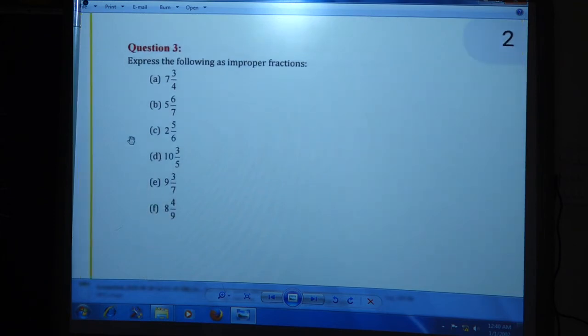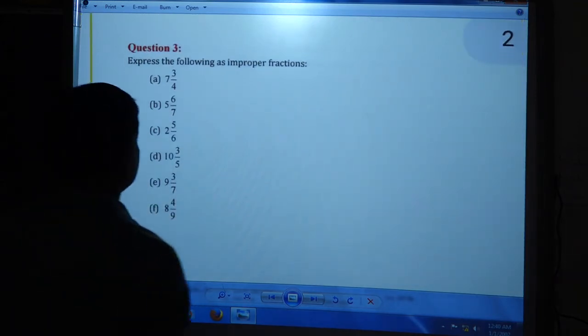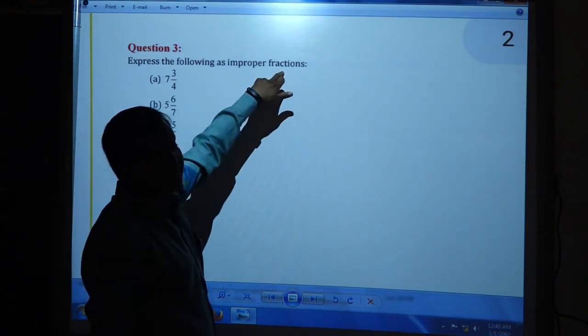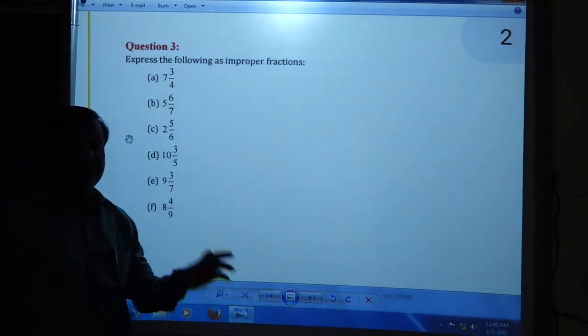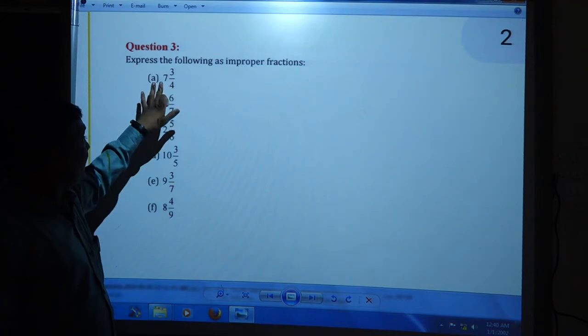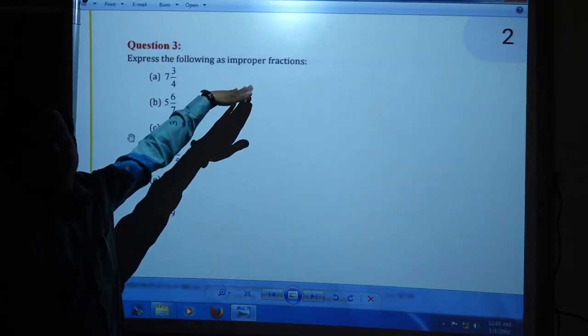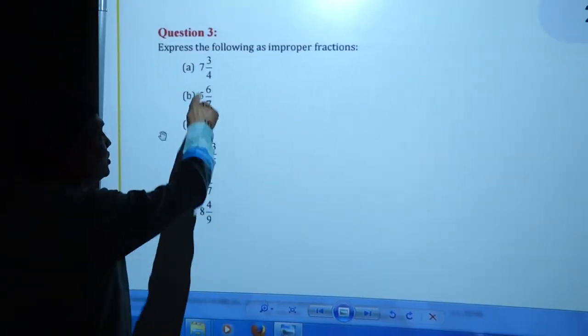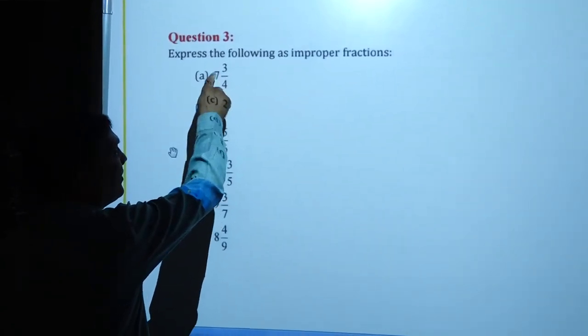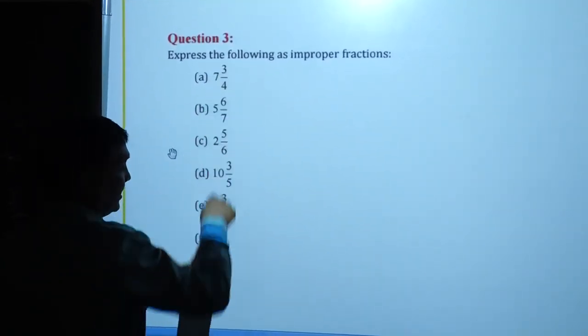Question number 3. Mixed fraction. Express the following as an improper fraction. Now what to do when a mixed fraction is given and you are converting it into an improper fraction? So here I am showing. Multiply the denominator by the whole number and add the numerator. These are the questions.